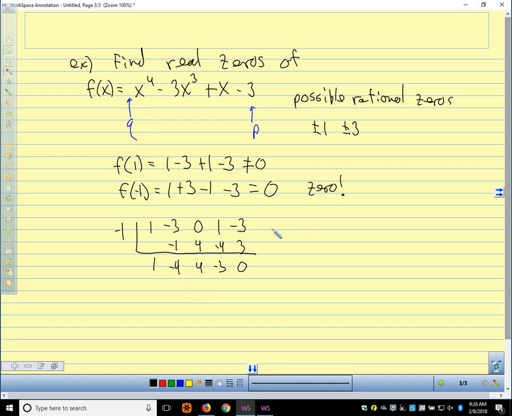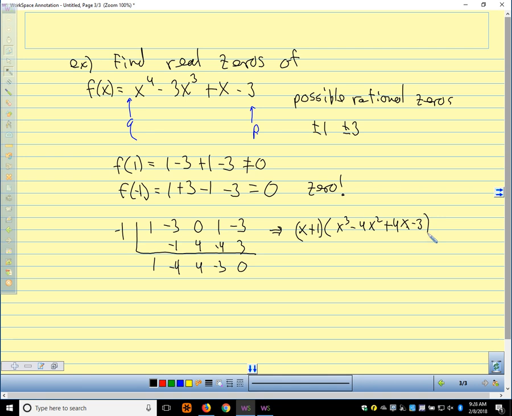So I'm going to write over here that what we have is this. We have x plus 1 times x to the third minus 4x squared plus 4x minus 3. Now, we could start over and do our p's and q's here and synthetic division.